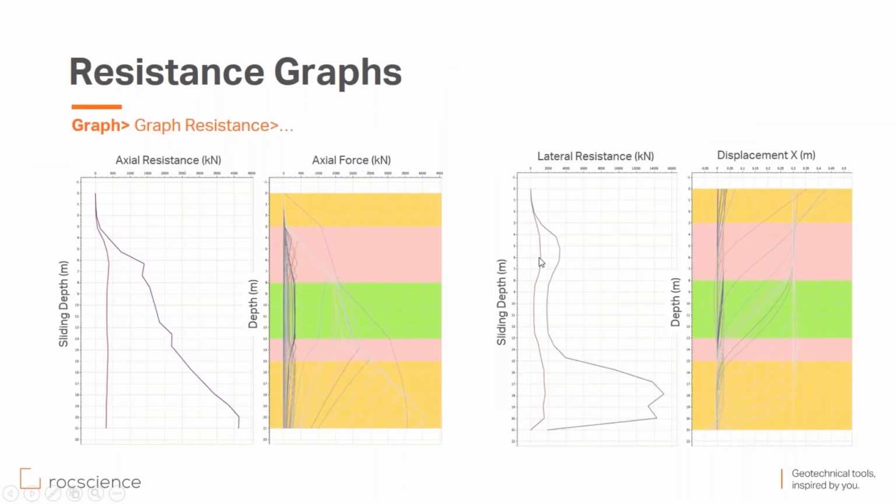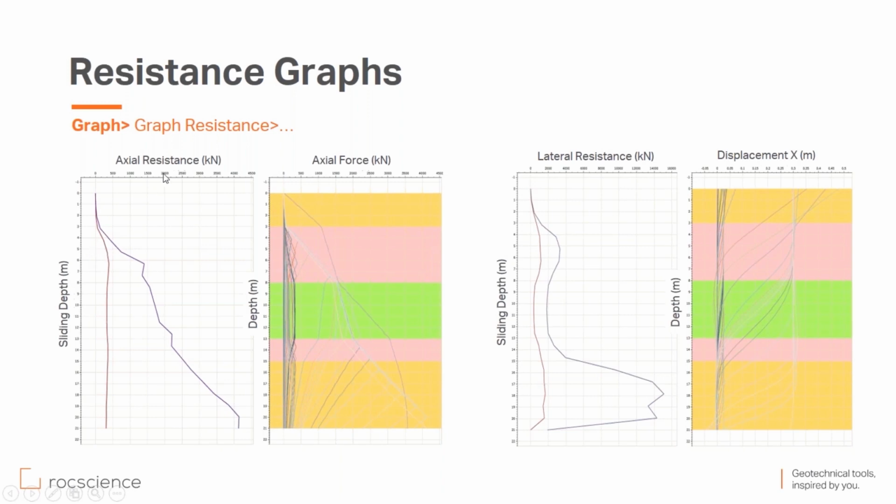But if you want to do further analysis in RSPile, what you can do is use the resistance graph. They are in advanced analysis. So with that, you can plot the axial and lateral resistance for different soil displacements. You can have a maximum soil displacement, also ultimate soil displacement. So the ultimate is the purple, and the maximum is the red line here, as you can see.